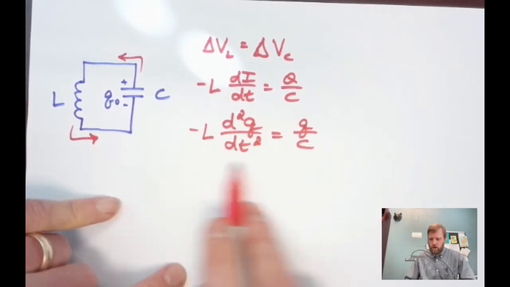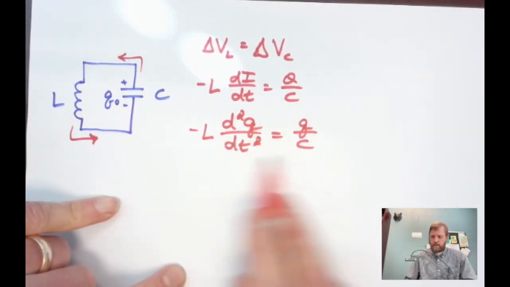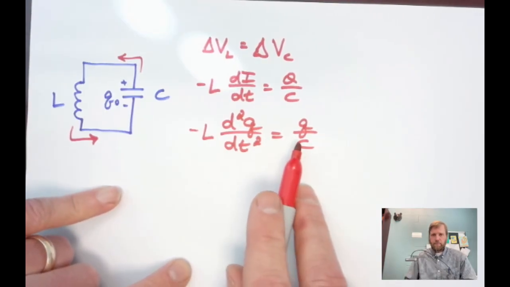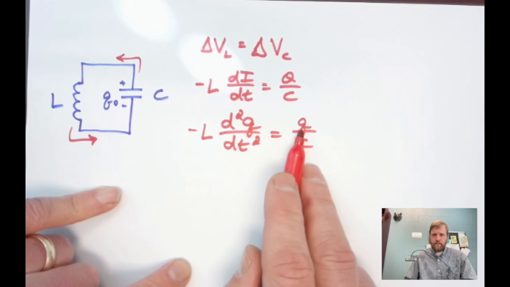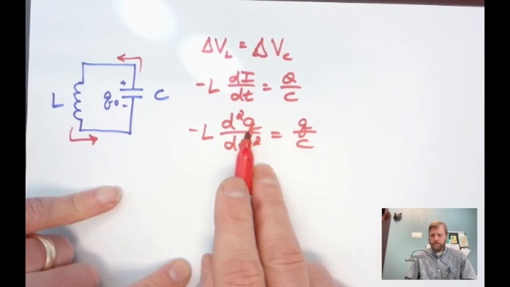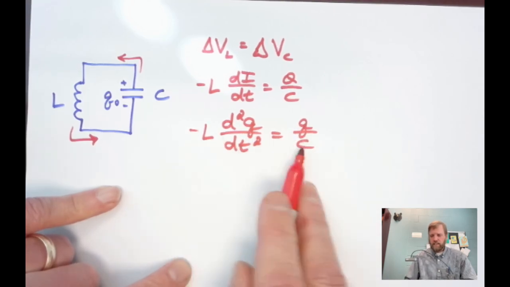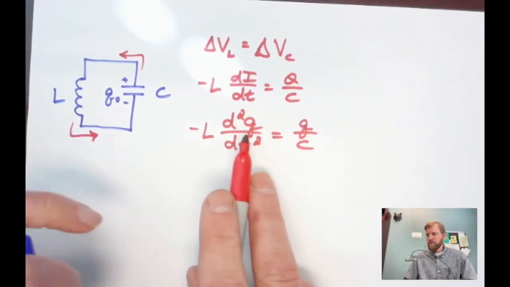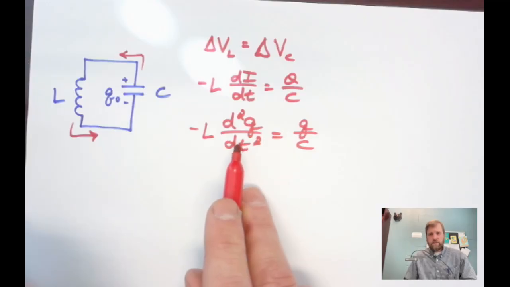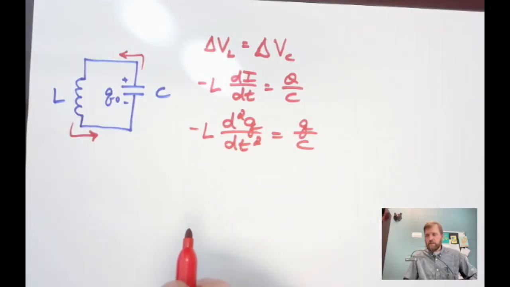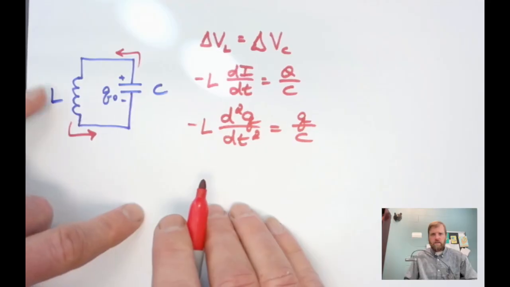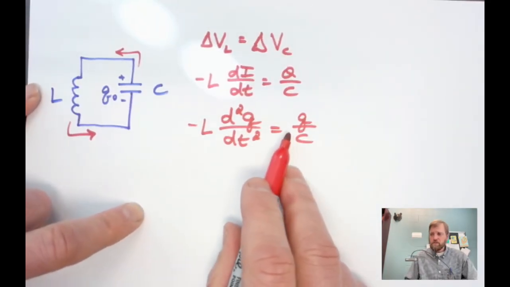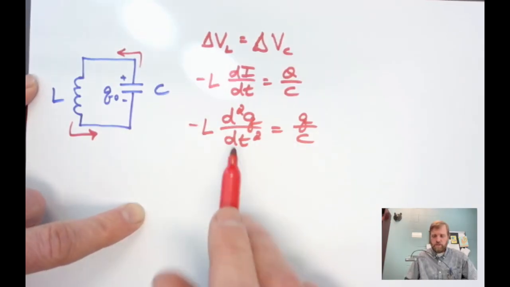Let's just look real quickly at this equation right here. What this equation says is that Q is its own second derivative with some constants thrown in there. So can you think of a function that is its own second derivative with some constants in there? If you think trigonometric functions, the cosine function is one such function.